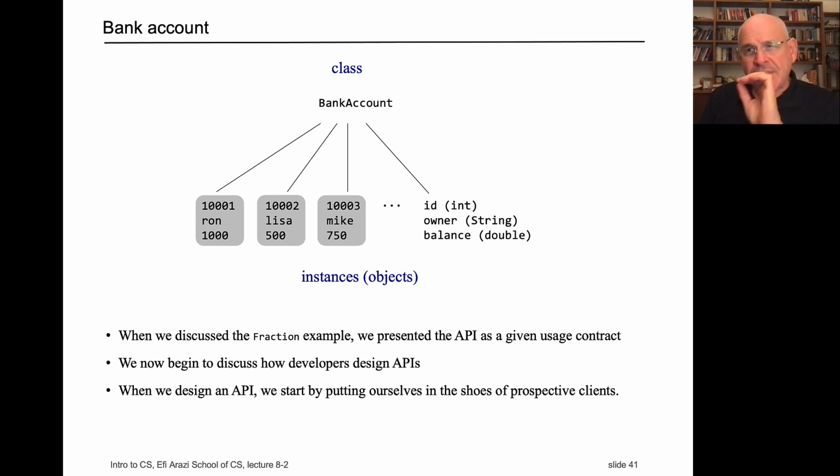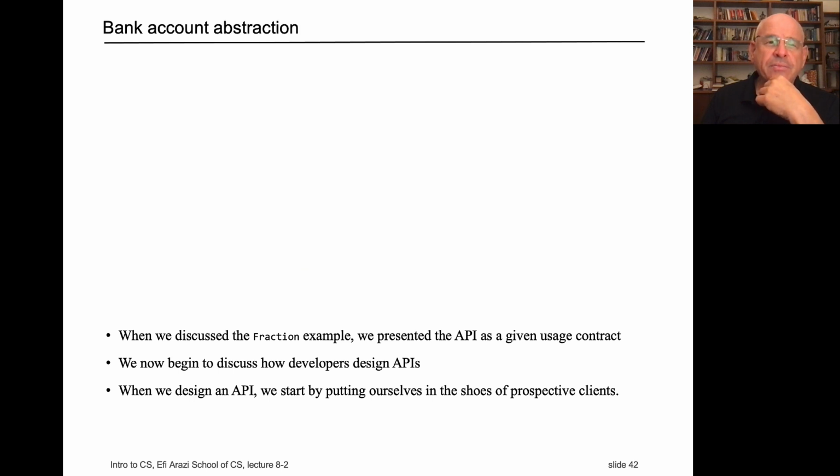Now, when we design an API, when a software architect builds a class skeleton or class structure, he or she always starts by putting herself in the shoes, in the place of the people who will actually use the services of this class.